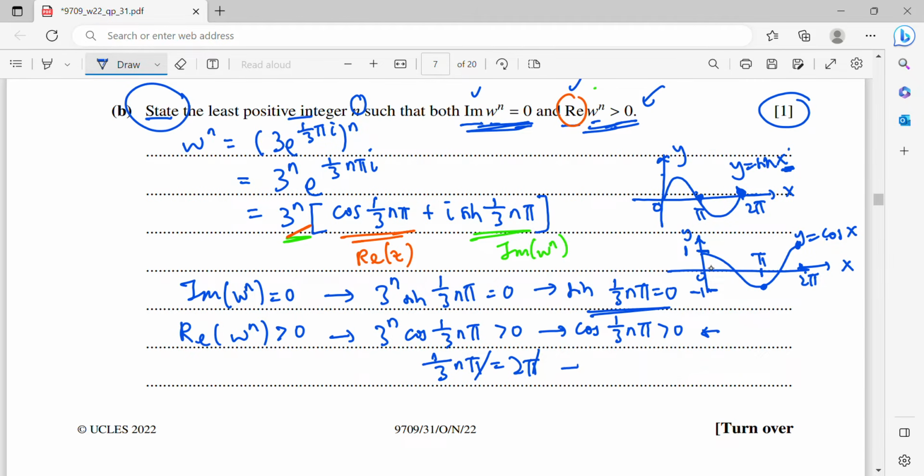Therefore, 1 over 3 n equals 2. Hence, my n will be 6. All right, so you can just write down the least positive integer n is going to be 6. Okay, so this is the explanation for B.